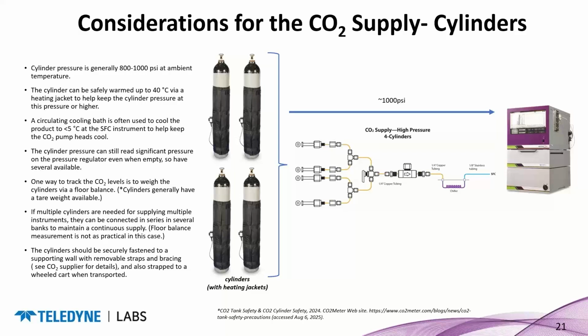If you have the cylinder approach, as mentioned, you can connect these in series and feed the CO2 into your instrument as shown to the right. Cylinder pressures are generally anywhere from 800 to as high as 1300 psi. One can use a warming jacket around the cylinder, because when you pull the CO2 out, it's going to drop the temperature in the cylinder and make it frost up a bit.